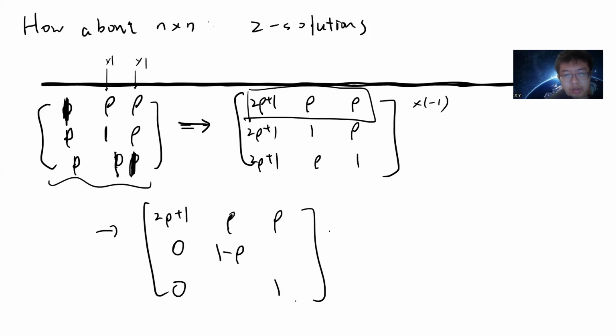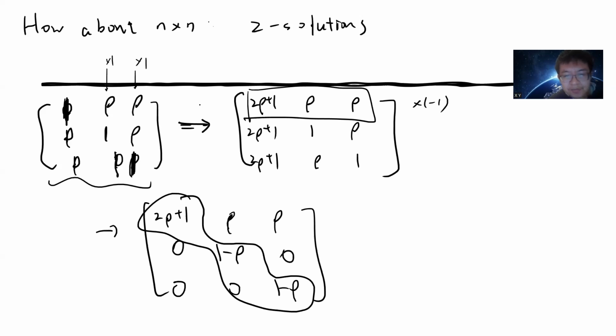These are 0. For these matrices, all of these are the eigenvalues. When you multiply by −1, ρ becomes 1 − ρ here, 0, 0. And for this one you get 0 and you get −ρ.